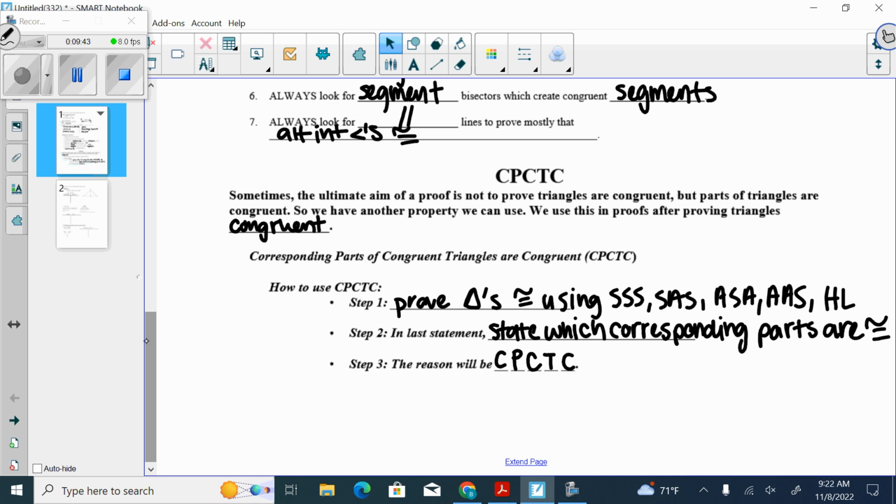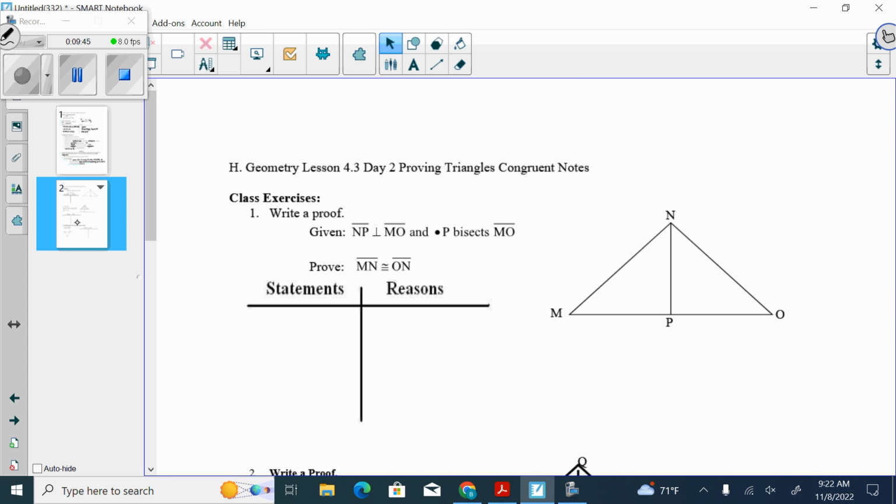All right. So, let's see, here on number 1, it says to write a proof. We have some given information. If you notice, this time, it doesn't say prove the two triangles are congruent, right? So I'm going to have to still go about proving that the two triangles are congruent before I can prove this part right here.